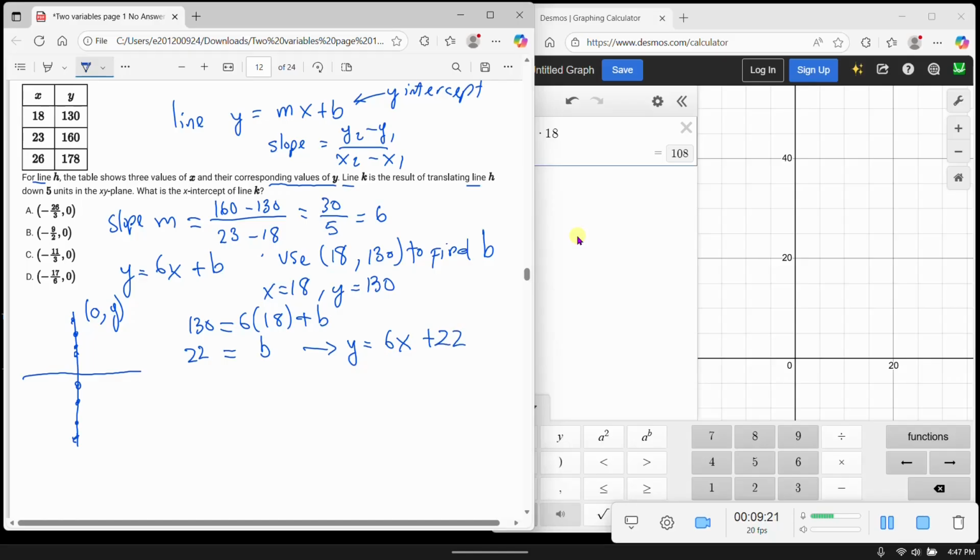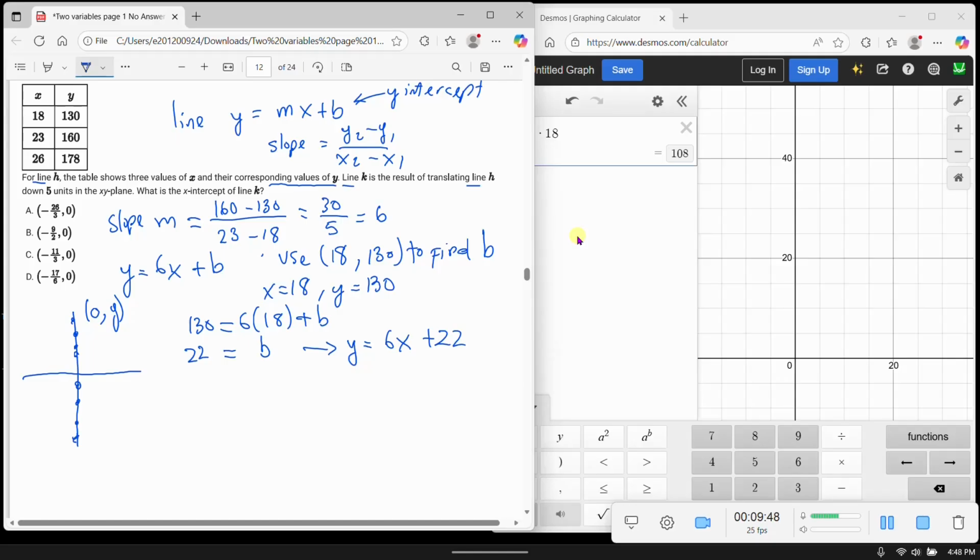So now we know there are 4 points. Look at those points. They want the x-intercept. X-intercept is when y equals 0.